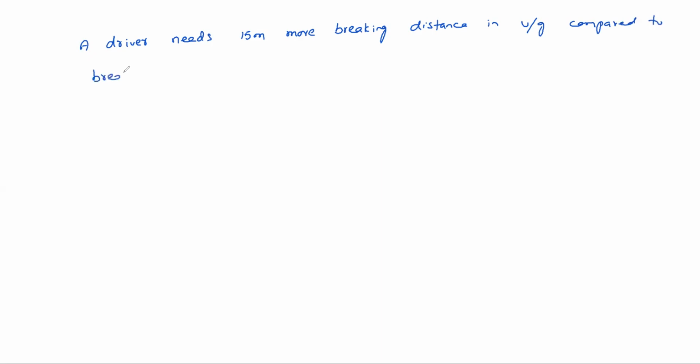Suppose a driver needs 15 meters more braking distance in an upgradient compared to the braking distance in a down gradient.